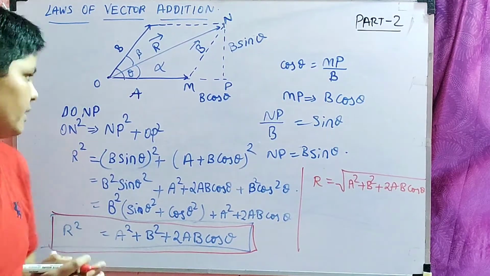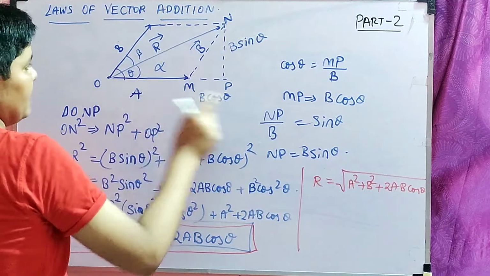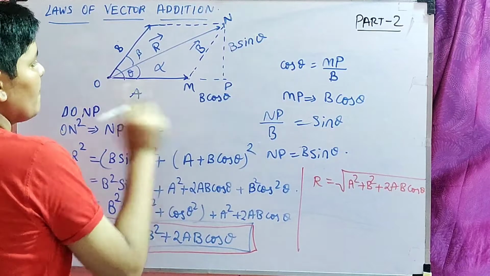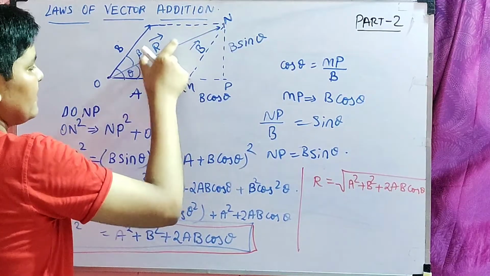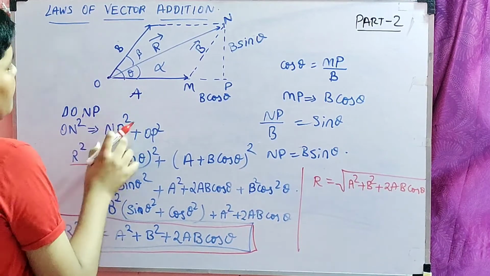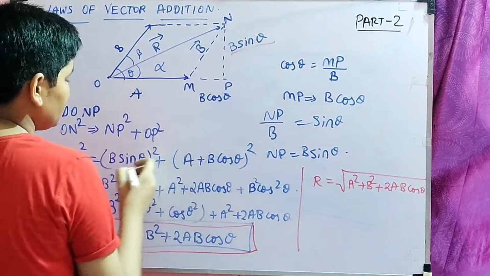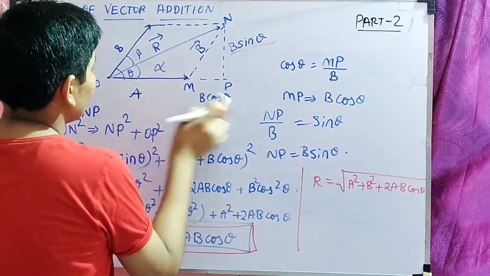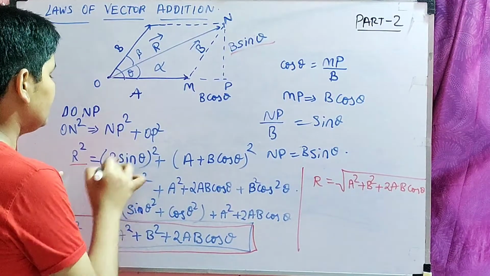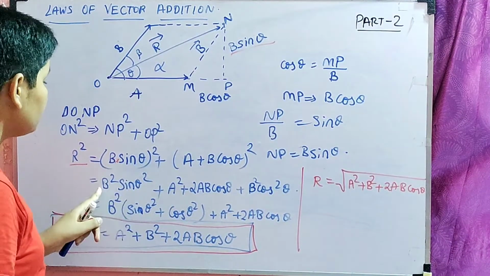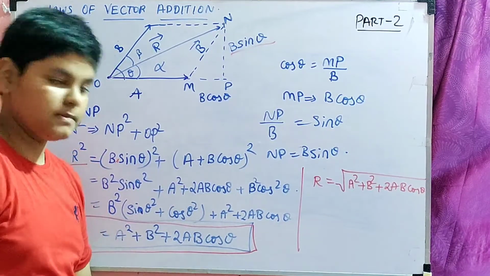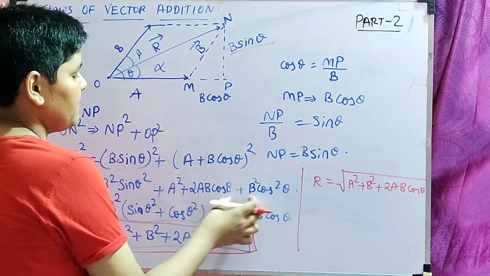What we did, I'll explain again. Let us take triangle OMP. In this triangle, ON square is equal to NP square plus OP square. Here we have taken R as ON, so R square is equal to NP, whose value is b sin theta, whole square, plus OP, whose value is a plus b cos theta, whole square. So b square sin square theta plus (a plus b cos theta) whole square, for which we use the a plus b whole square formula: a square plus 2ab plus b square.